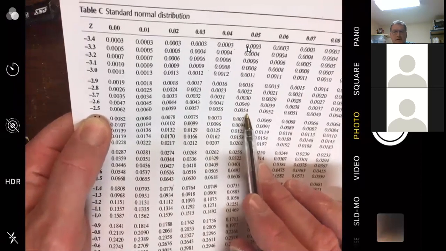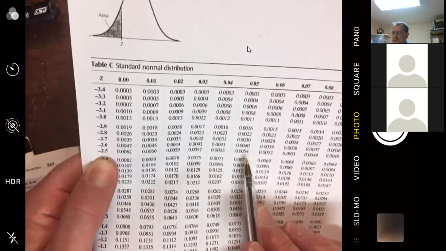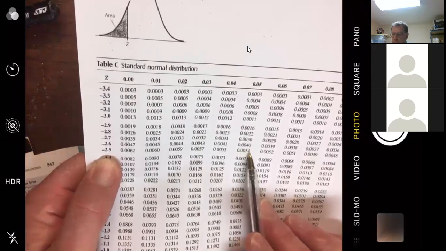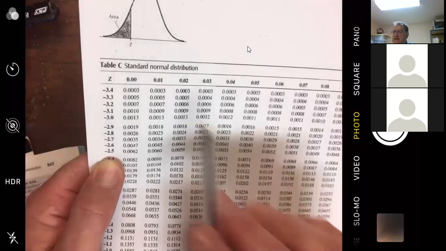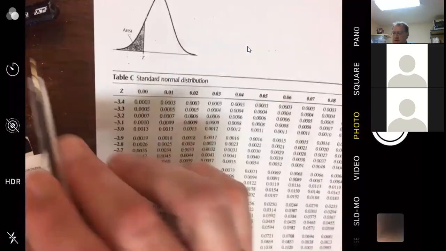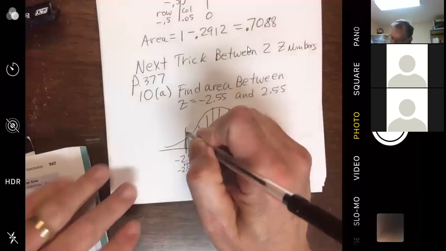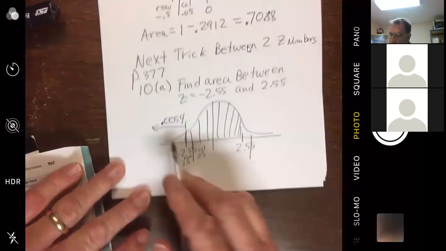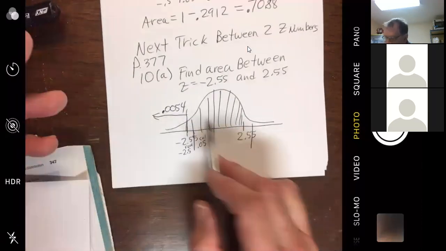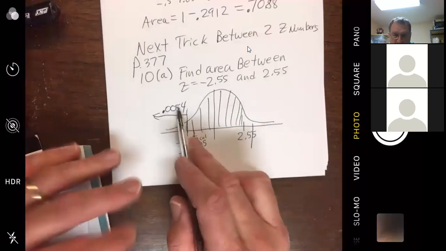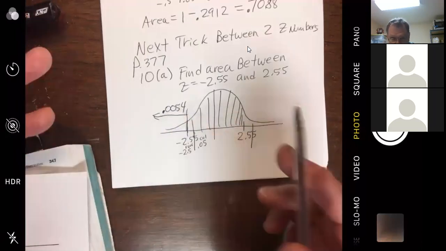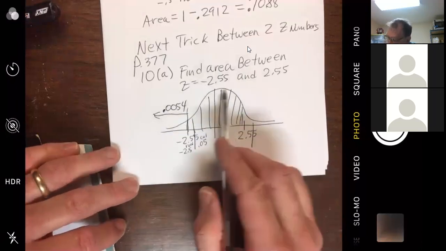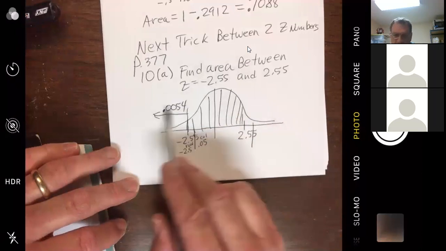See the number? 0.0054. Remember, that's the area of the black to the left. That's why it's very important to label this. Can you tell that obviously has nothing to do with my shaded area? That can't be my answer, right? I want the area of this shaded region. This is clearly not it, right?